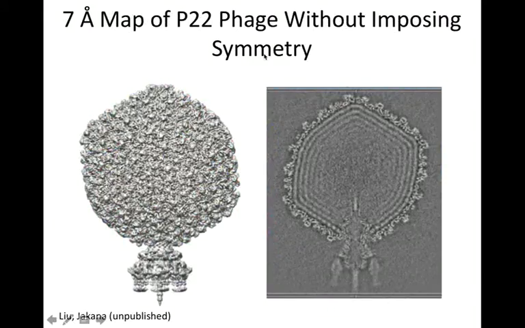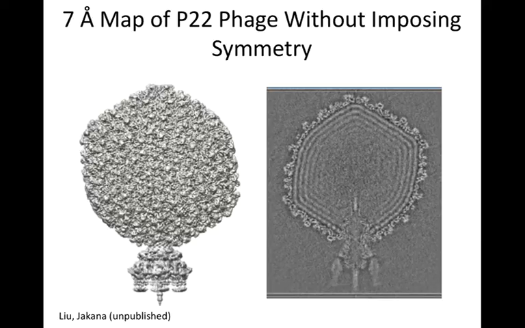Now, so far, I have talked only about the capsid protein. You may remember that in all the phages, at one of the 12 vertices, there is an additional protein apparatus through which the DNA is encapsulated. In these particular structures, we relaxed all the symmetry in deriving the density map.